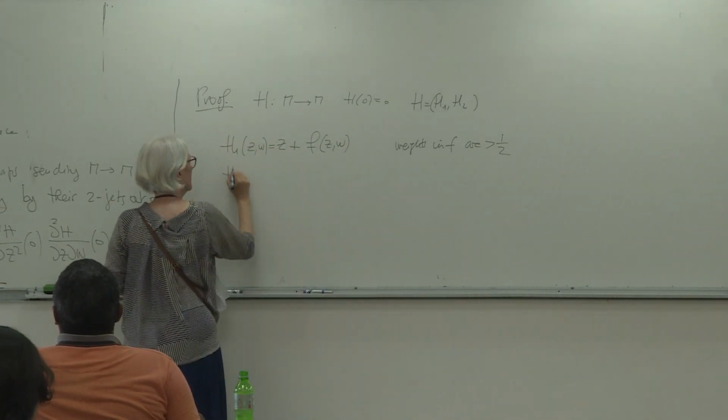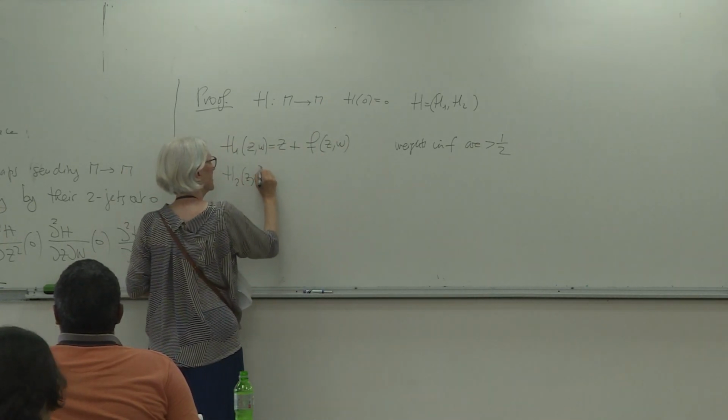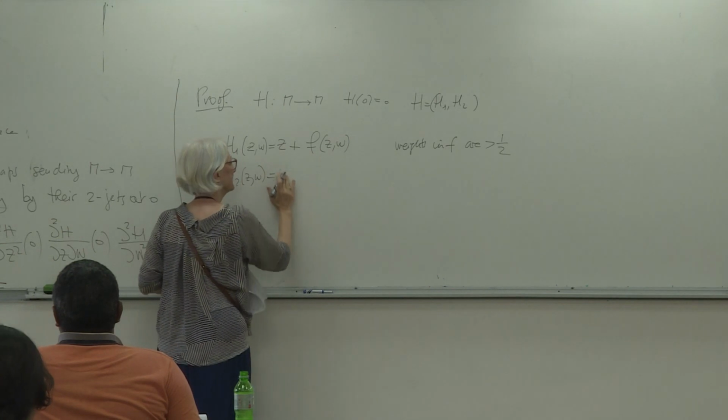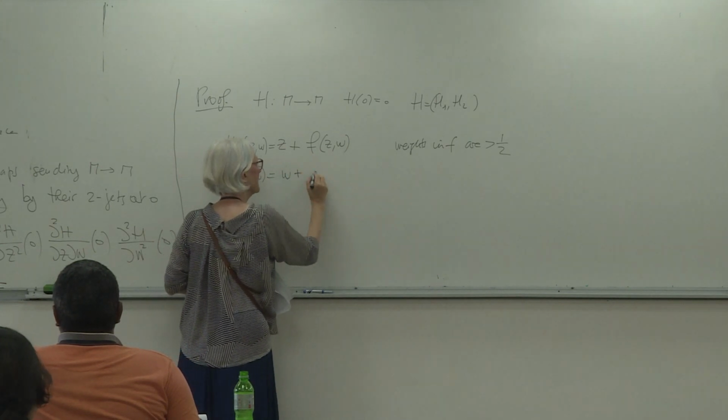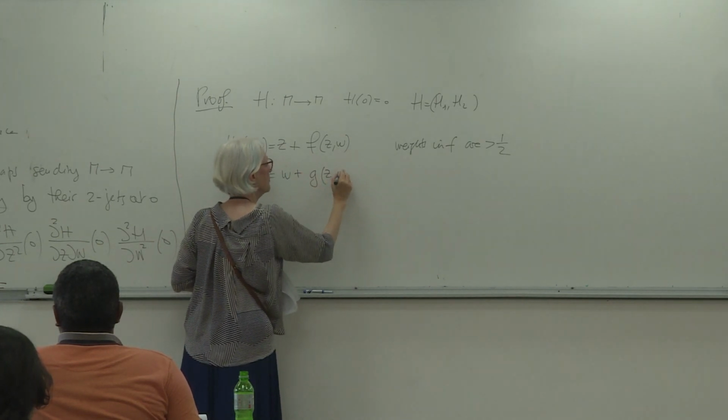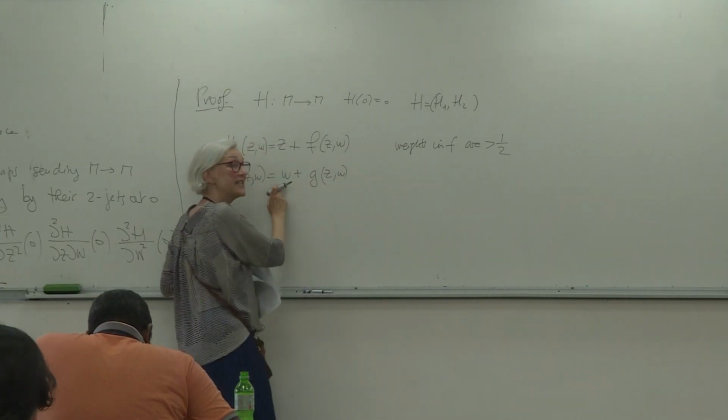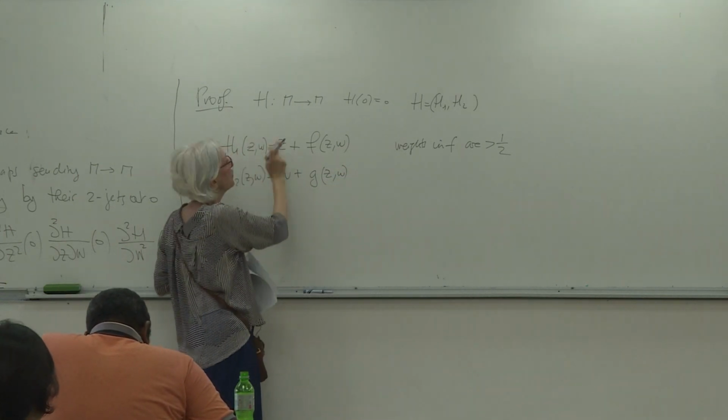And H2 starts with W plus G of Z, W, where G has weight 1. In fact, there is no Z because of the form.